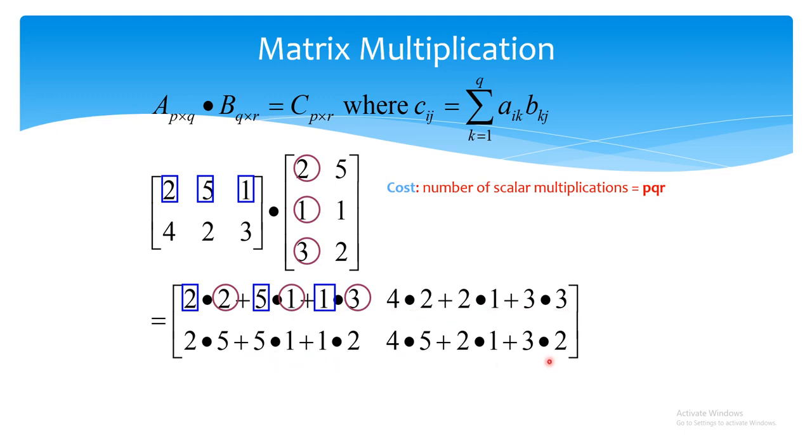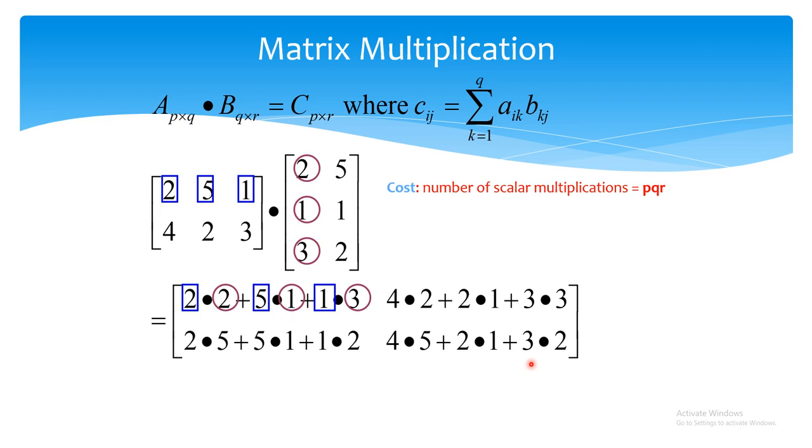So a total of 12 scalar multiplications we need to perform. Here we have only two matrices. The answer of A multiplied with B and B multiplied with A will not always be the same. That is the basic fundamental thing, and we all know that.